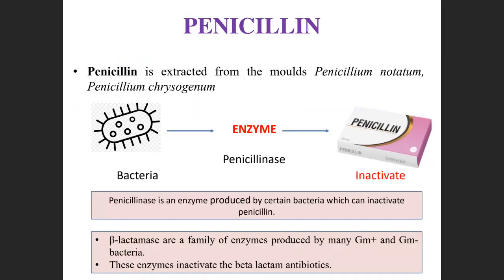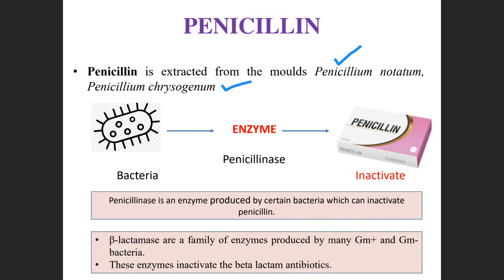The first class of drug is penicillins. What is this penicillin? The drug itself, penicillin, is extracted from the molds Penicillium notatum or Penicillium chrysogenum.